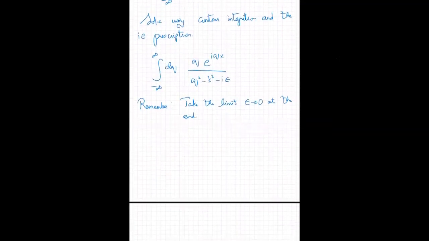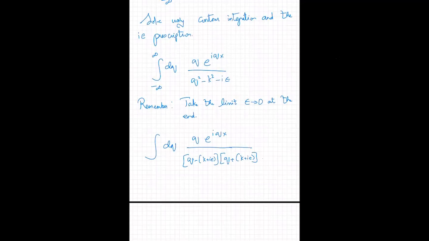So now I will write this as an integration. First let me factor this denominator as (q minus k plus i epsilon)(q plus k plus i epsilon). Why is this valid?